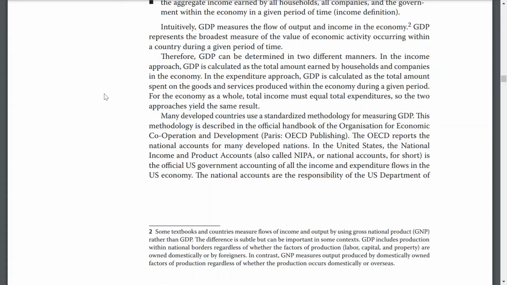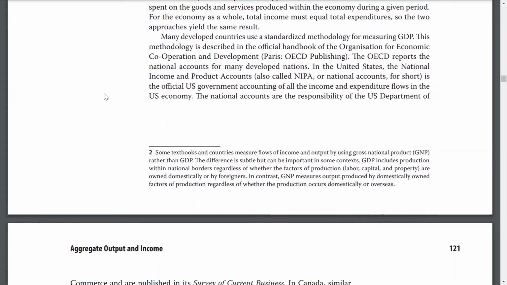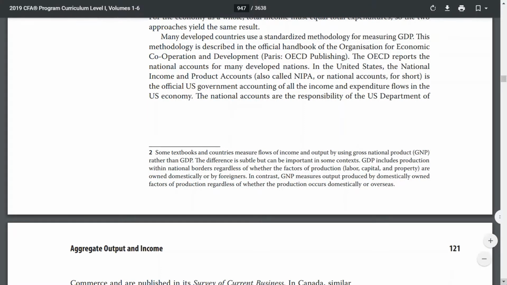The OECD reports the national accounts of many developed countries. In the United States, the National Income and Product Accounts, also called the NIPA or national accounts for short, are the official U.S. government accounting of all the income and expenditure flows in the U.S. economy.